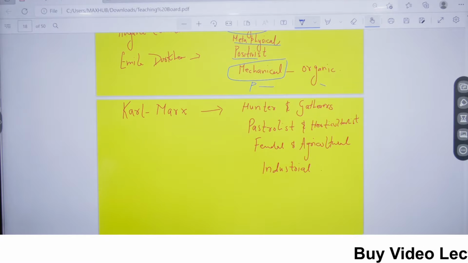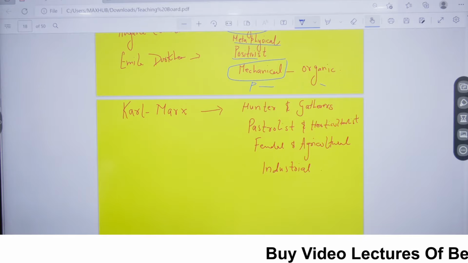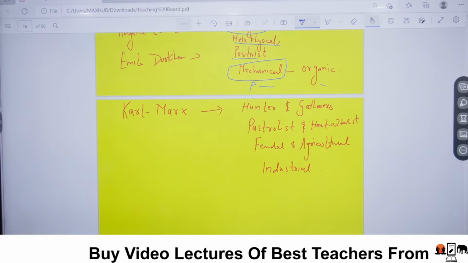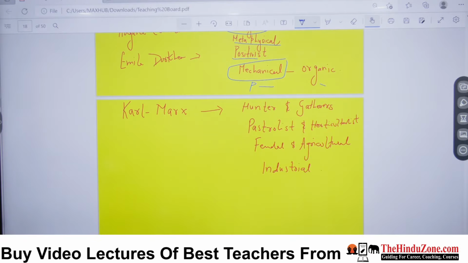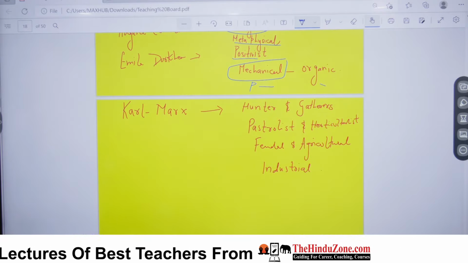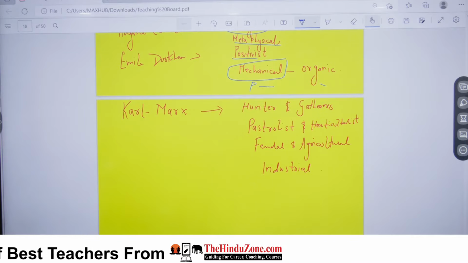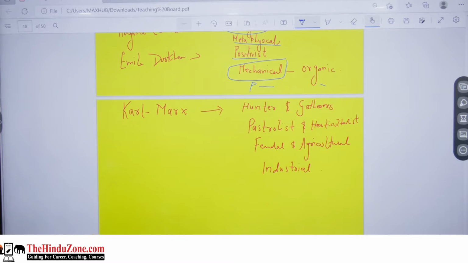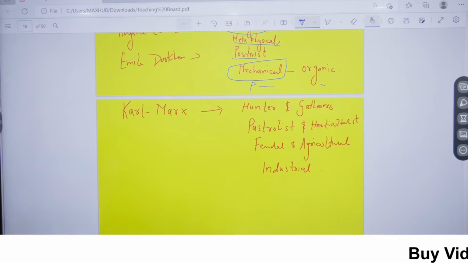Similar to the comparative method, in social science research we have historical methods to investigate any social phenomenon.